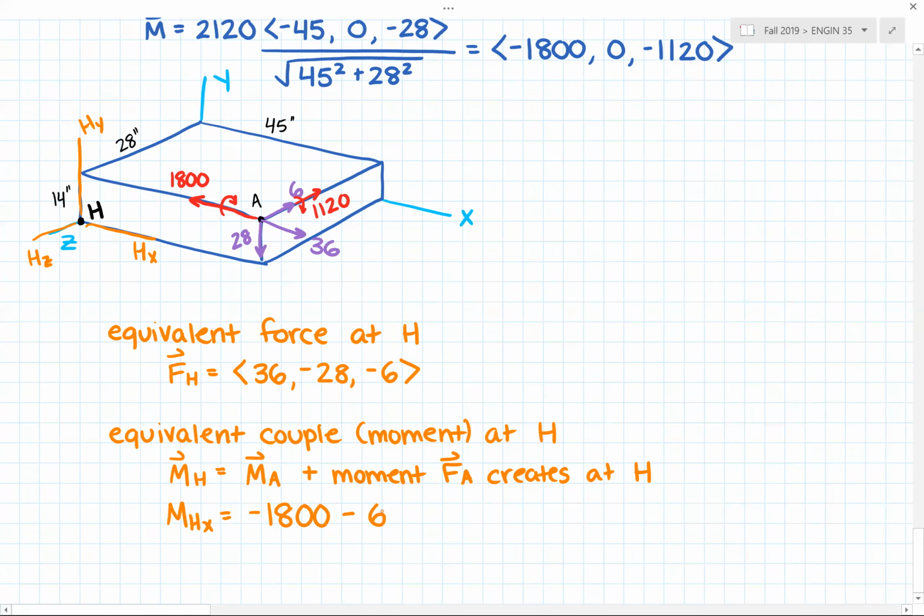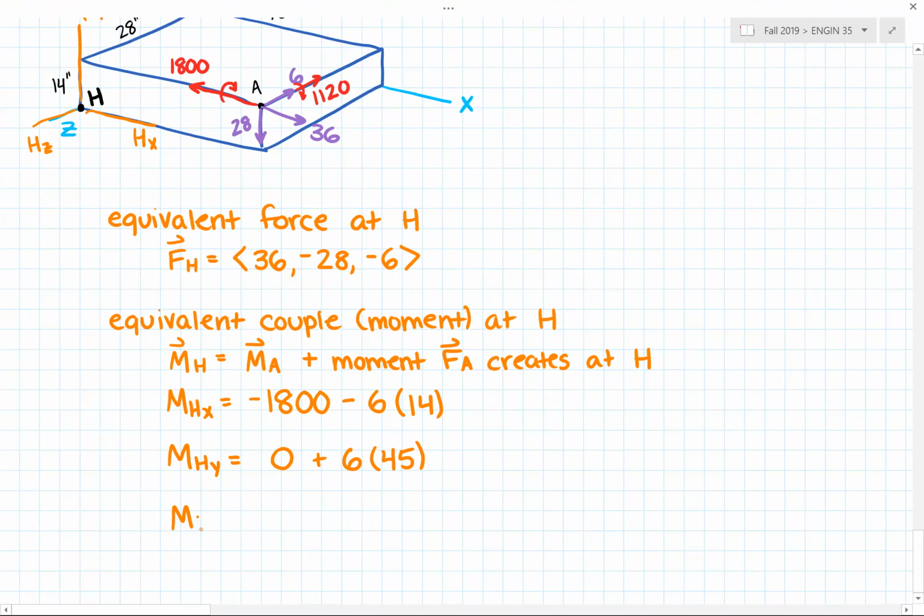The magnitude in the z direction is 6, and our moment arm there is 14. Then to solve for the moment about HY, we have the moment at A, which is 0. And then our Z force is the only force that will create a moment about HY. So we have plus 6, and our moment arm is going to be 45.